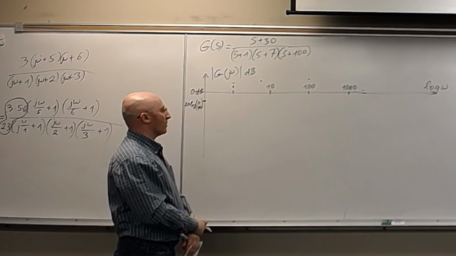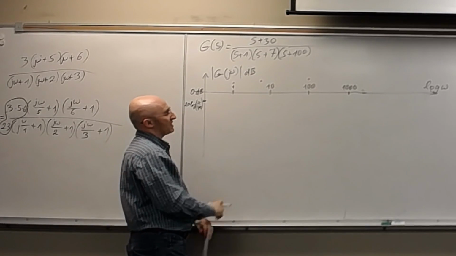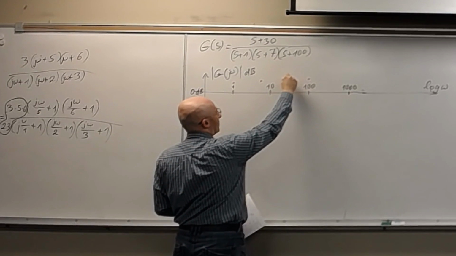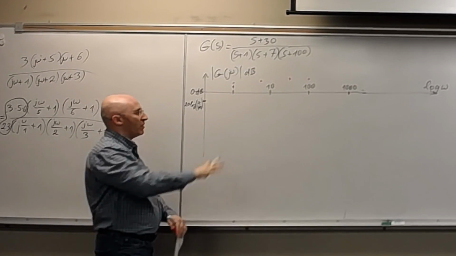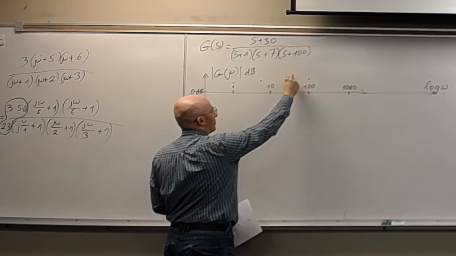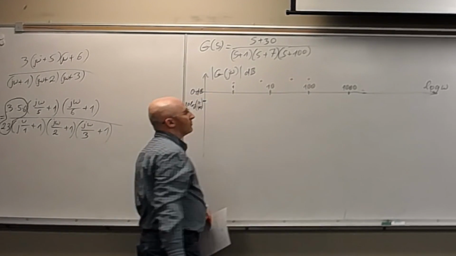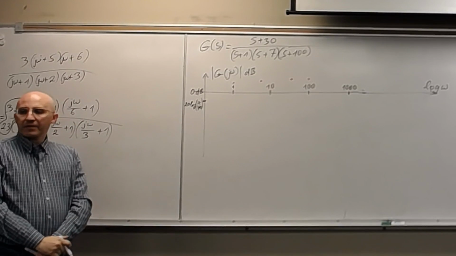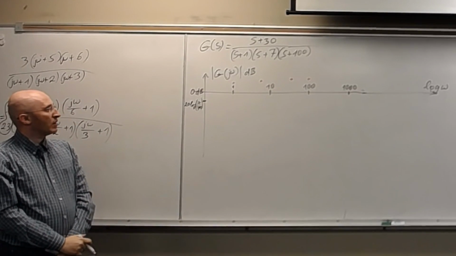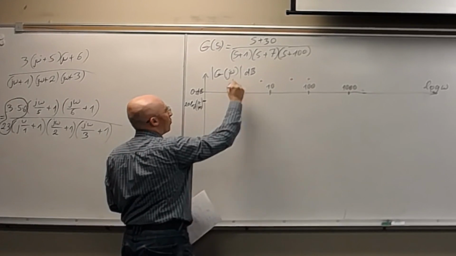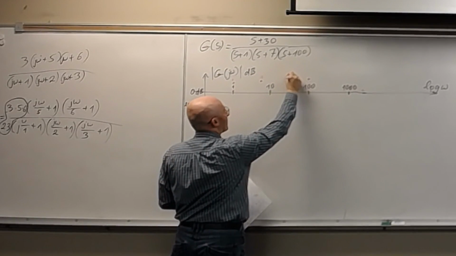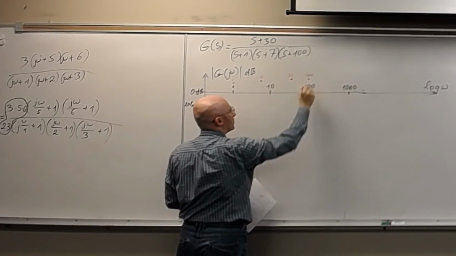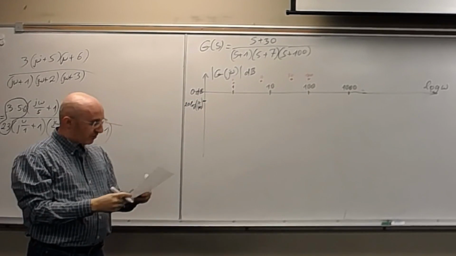And then also 30. So 30, it's somewhere in the middle, probably even farther, more than a half. Okay, so this is 1, 7, 30, and 100. So those are breaking points that we have here.